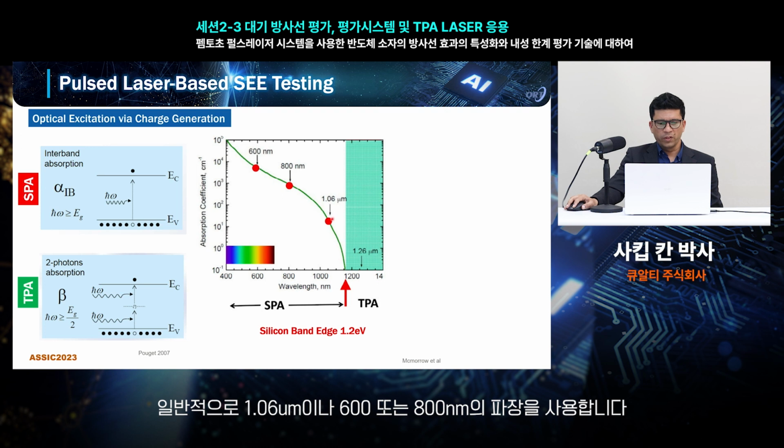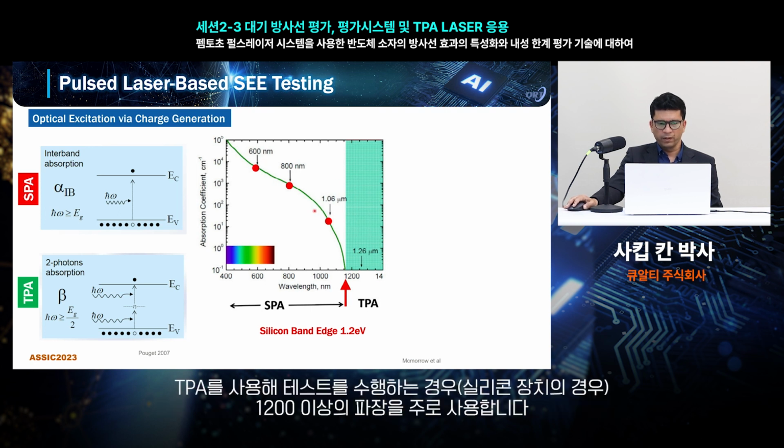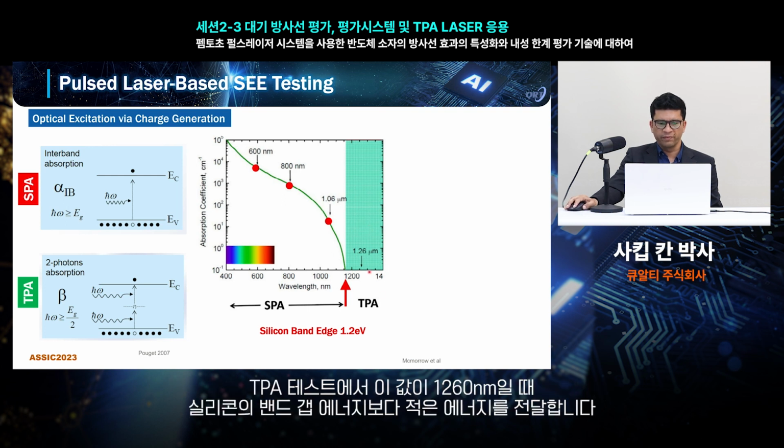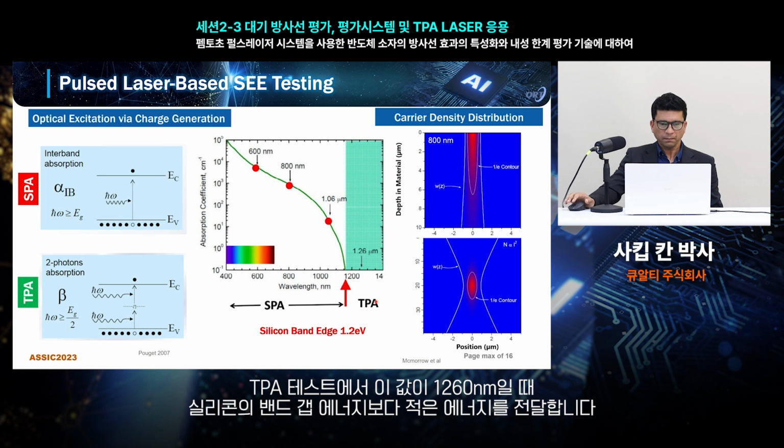We normally use wavelengths of 1060 nanometer, 800 nanometer or 600 nanometer. If the testing is to be performed using TPA, wavelengths above 1200 are typically used. The typical value is 1260 nanometer, which carries energy less than the band gap energy of silicon.